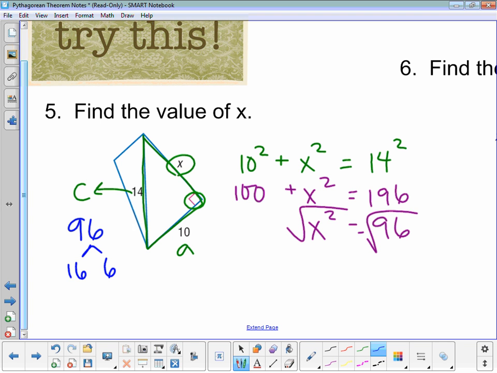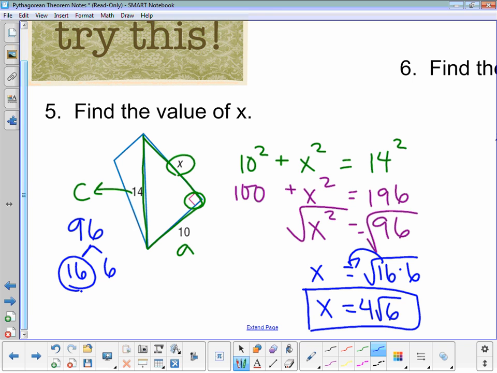When you're breaking down these radicals, you just need to find out what the prime factorization is or figure out what numbers go into there. I found 16 because it's a perfect square, so I know I can take it out. So x equals the square root of 16 times 6, and the square root of 16 can come out front, so x equals 4 square root 6.